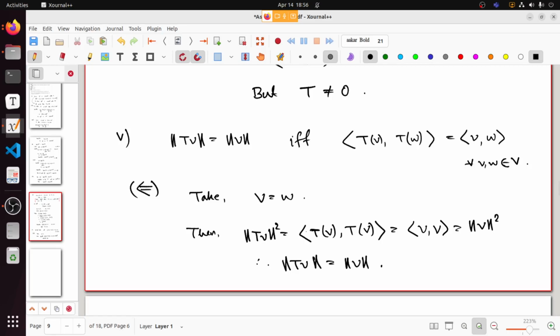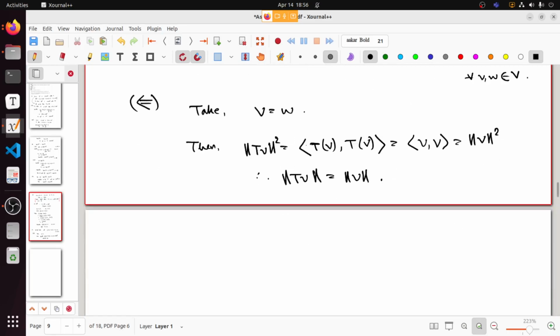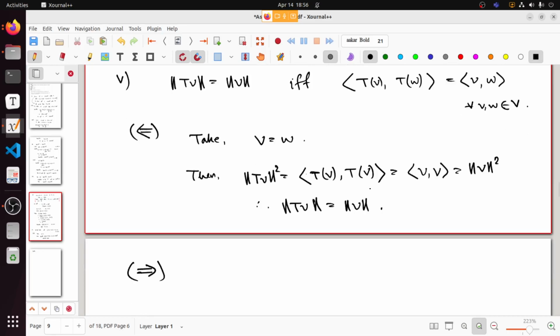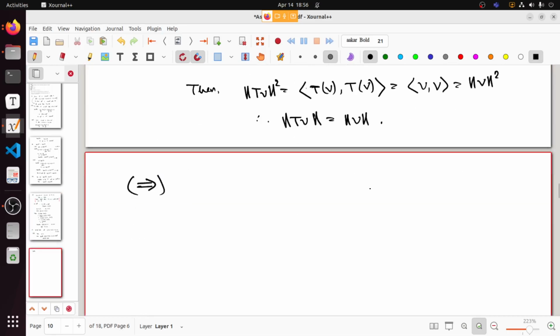So this direction is easy. Now for the forward direction, what we have to show is that inner product Tv with Tw equals V comma W, right. So let's start.